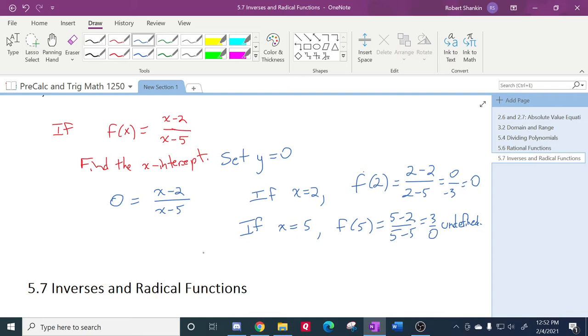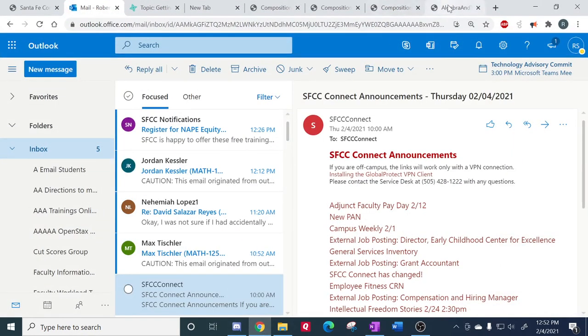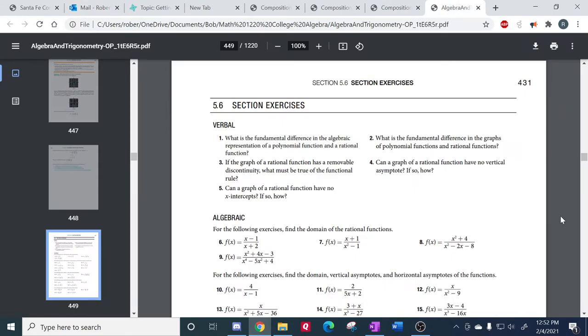This is 5.6? Yes. I don't see anything about the stretch. Let me go to here.